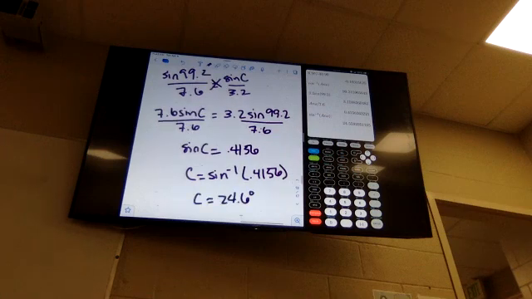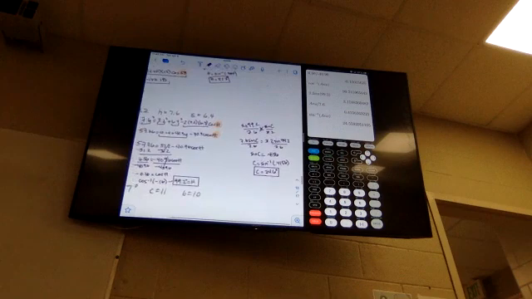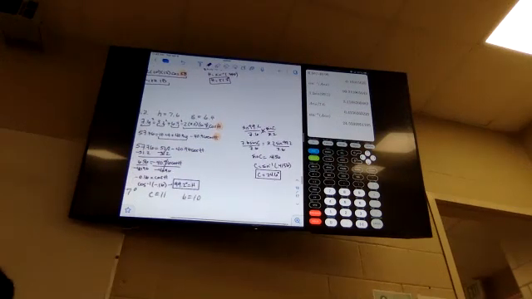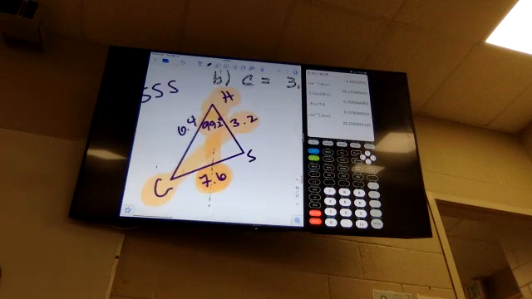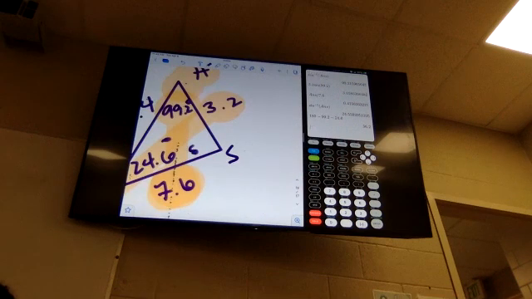C equals 24.6, but we haven't found S yet. We got one more to find. And the label C is 24.6. And you can show me the math, or we can just do it in the calculator. 180 minus 99.2 minus 24.6 equals 56.2.